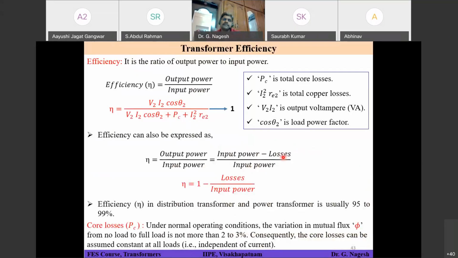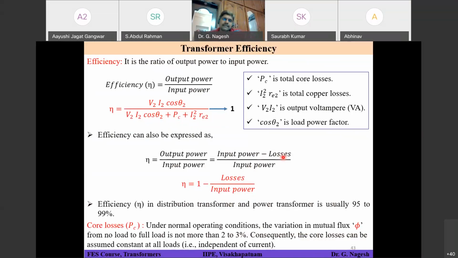The next important thing is transformer efficiency. We have already seen what losses are present in a transformer and how to calculate them, using two basic tests: the open circuit test or no load test, and the short circuit test.